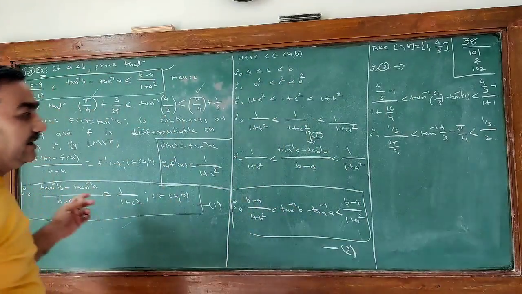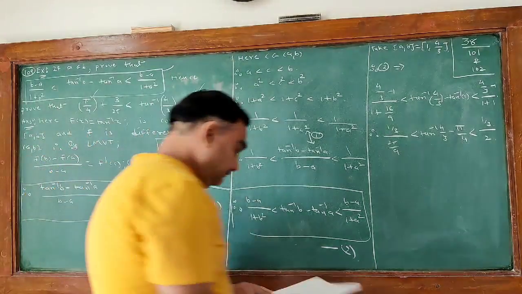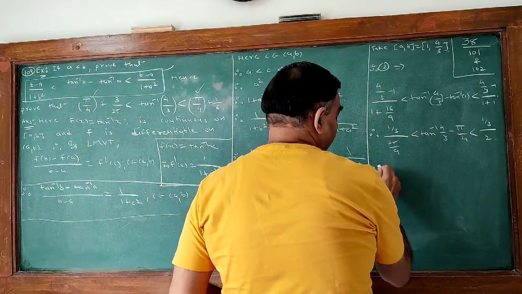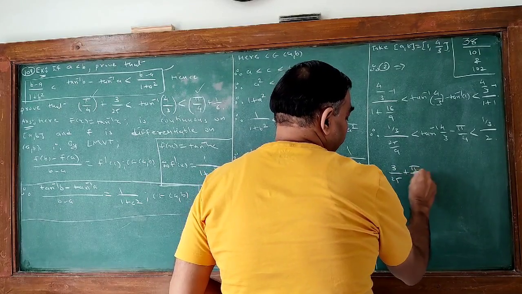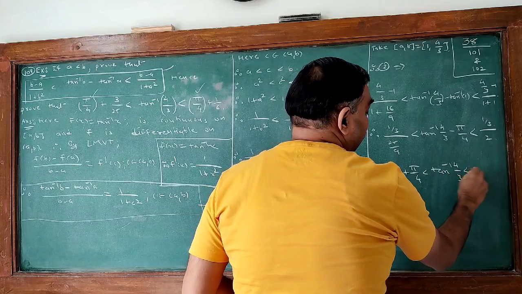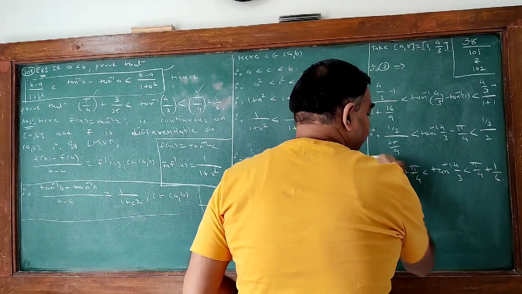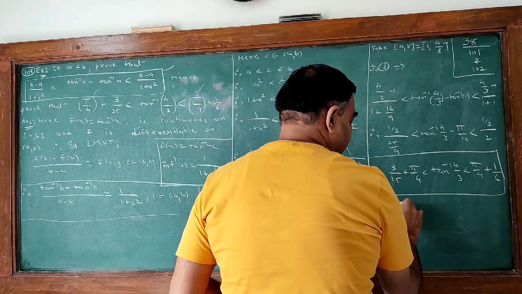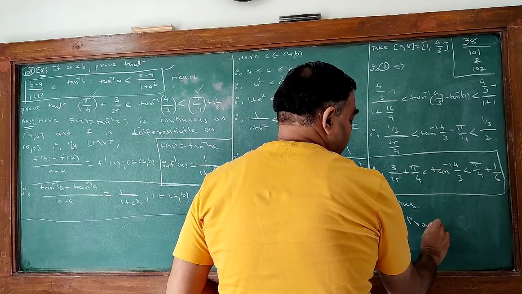So we are very near to the answer. Therefore 3 by 25 plus pi by 4 is less than tan inverse 4 by 3, which is less than pi by 4 plus 1 by 6, and this is the required answer.